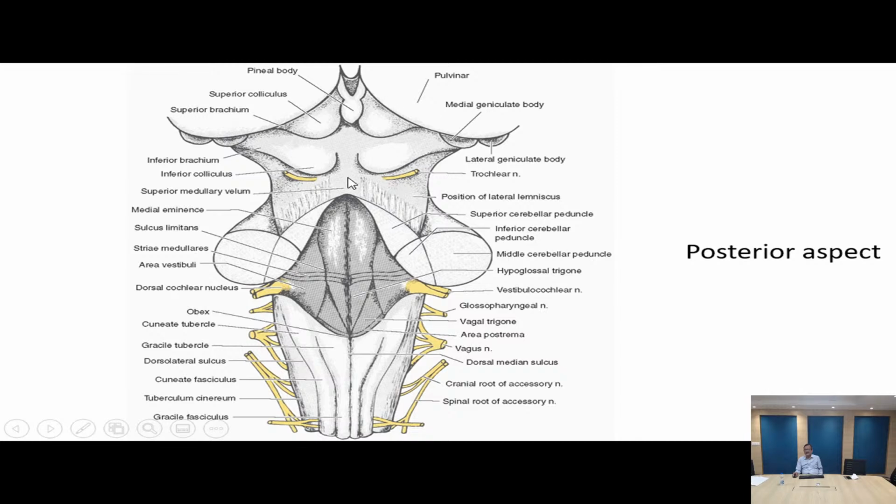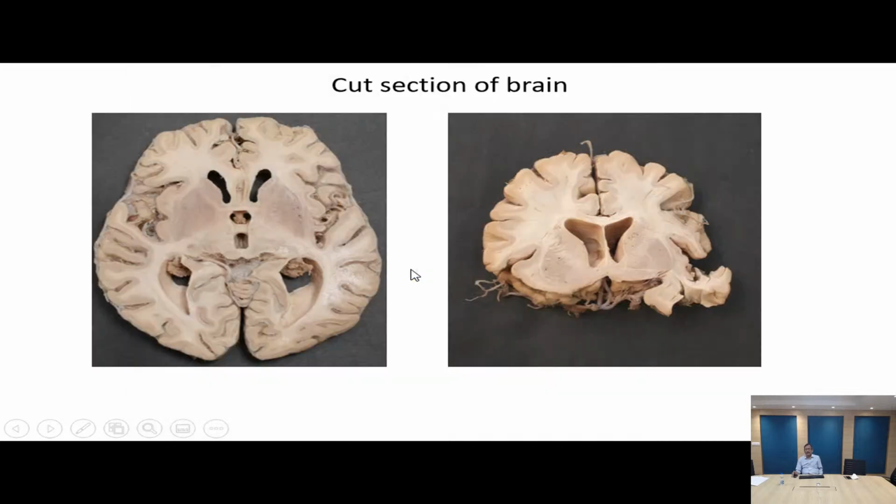They are present at the back of the midbrain, and so I go ahead and show you what a cross section of the brain looks like. All over the brain, you will hear terms like gray matter and white matter.